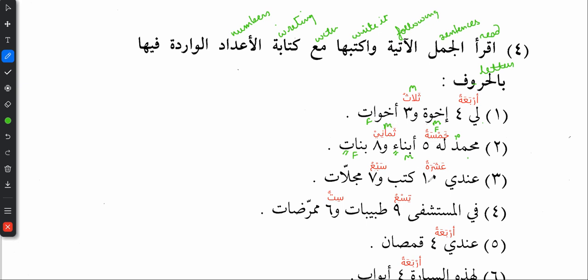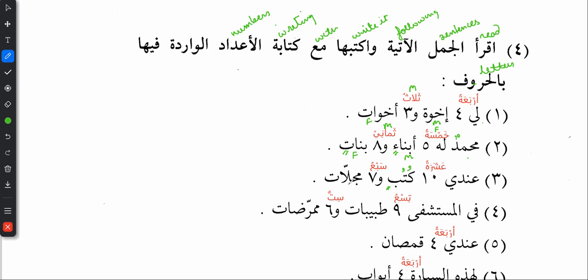عندي. Now pay attention on the number name of 10. كتب. This is a غير عاقل plural, but go back to the singular, it's kitab, so it's male. So our number will be عشرة. The sheen has a fatha, عشرة. And dash majallat.